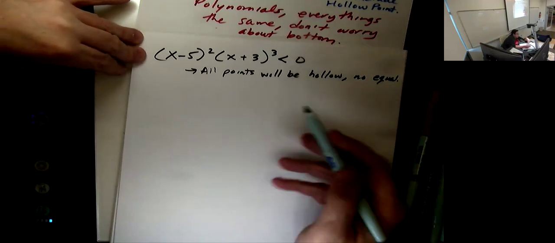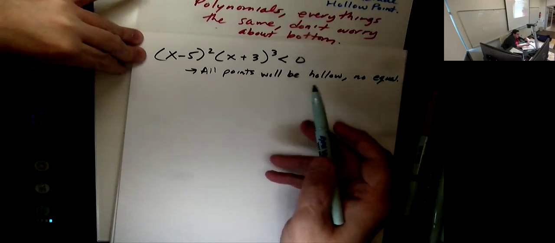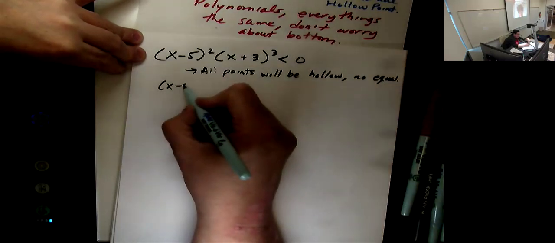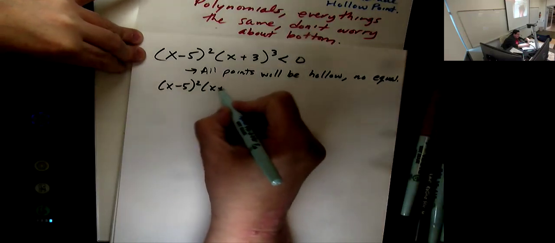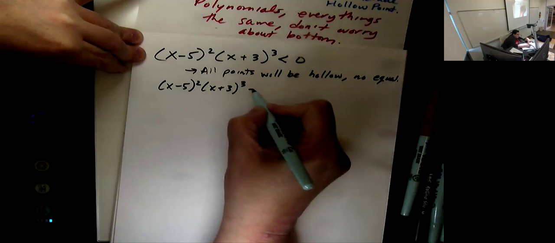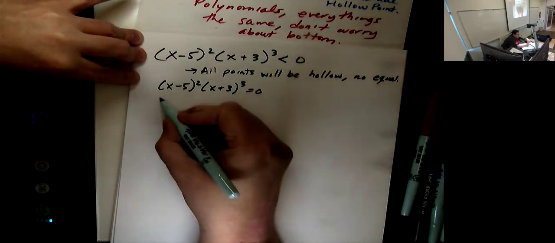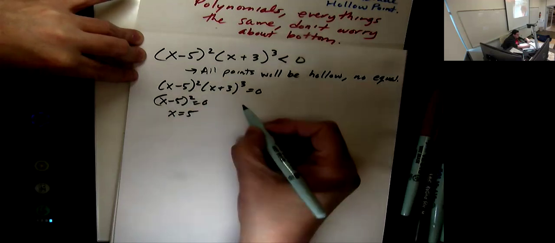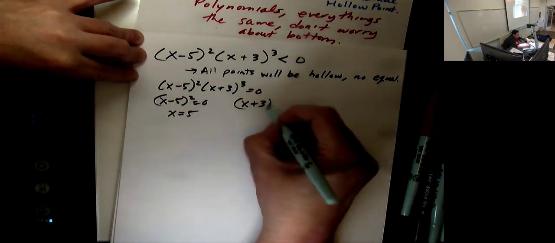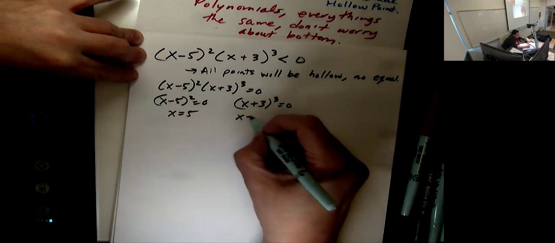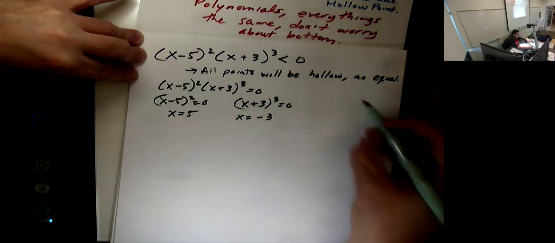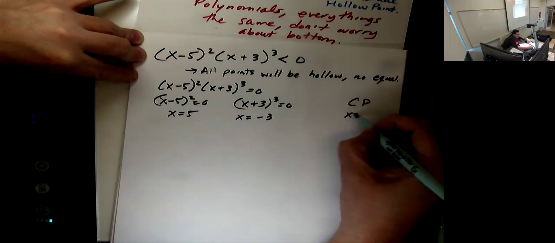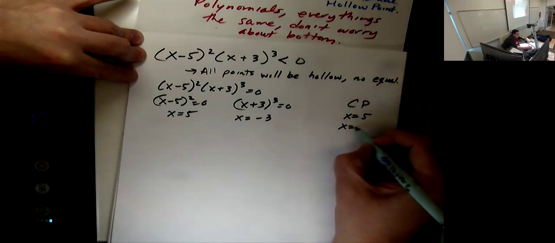You can still find the numbers by setting that equal to 0 and solving. So our critical points are x equals 5, x equals -3.